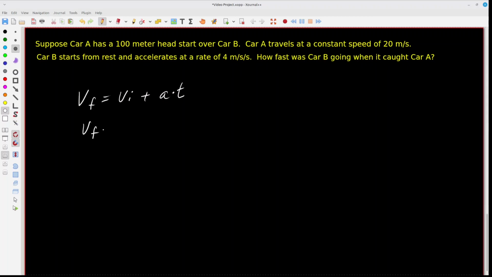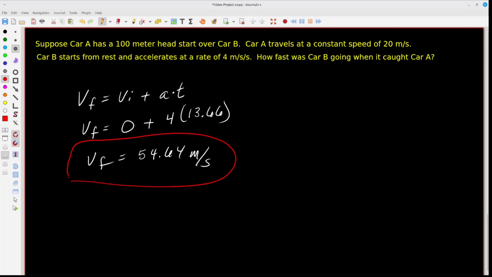So the final velocity is equal to the initial velocity, which is 0 since he started from rest, plus he accelerates at 4 meters per second squared times 13.66 seconds. So the final velocity will give you 54.64 meters per second. So you can see then, instead of doing the math, you can also just graph it and get the same answer that way.